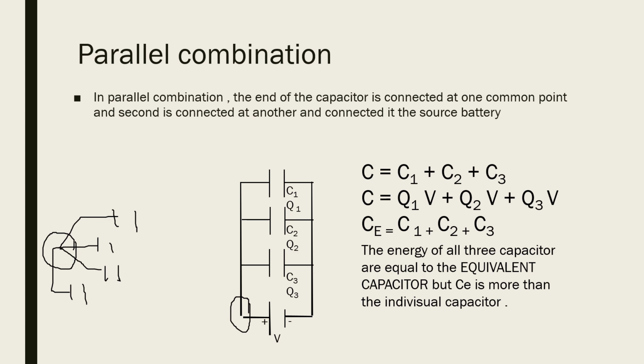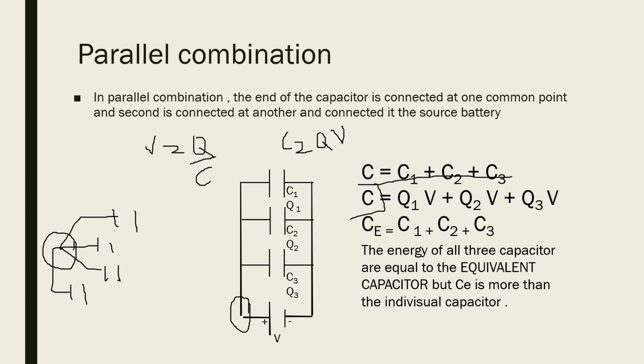Now we can find the parallel combination by this formula. Here we know that C is equal to Q upon V, where V is equal to Q upon C. So for that we'll simply make it as a capacitor.